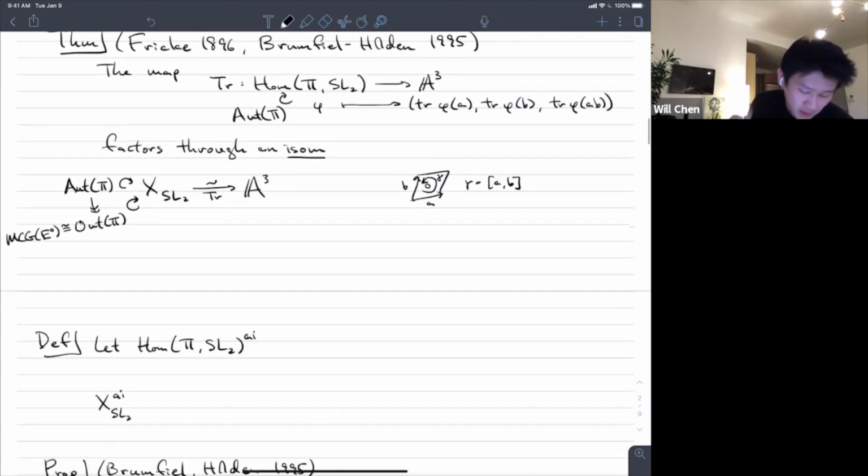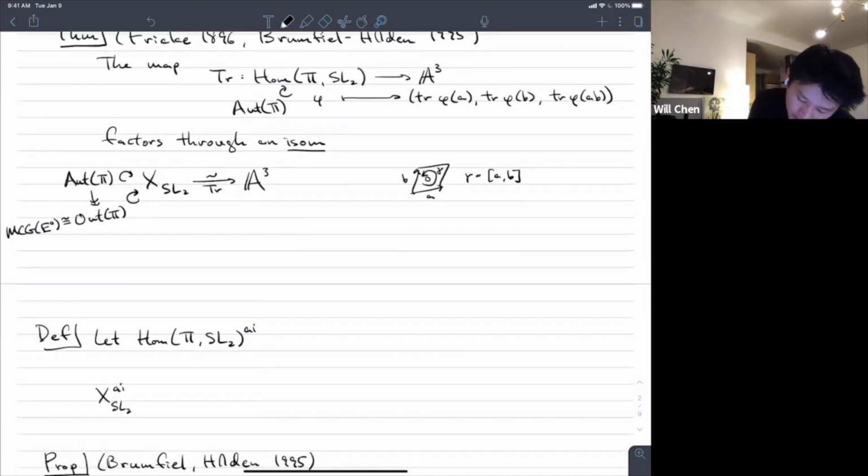Okay, so with that in hand, you can define a map from the character variety to A1. You can think of it as being defined from the representation variety to A1, and then it factors through the character variety. Let's call it tau. It sends a representation phi to the trace of the image of this commutator, right?